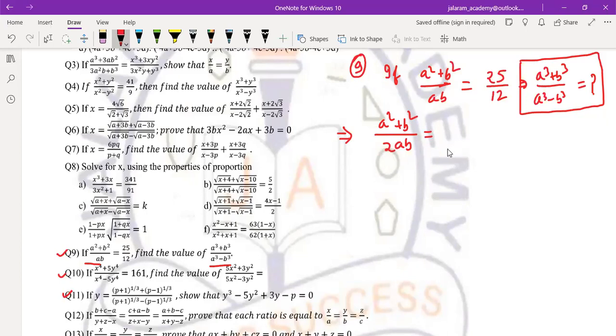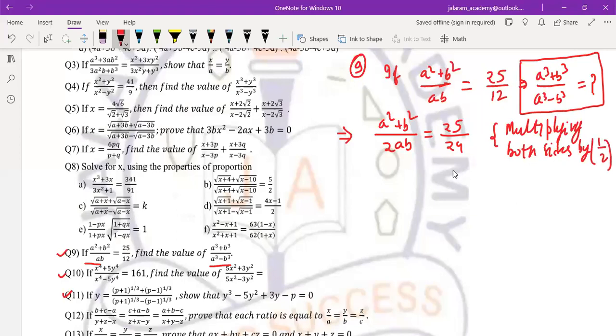So we write the reason: multiplying both sides by half, 1 by 2. If 1 by 2 is multiplied to the left hand side, 2 goes to the denominator, which makes ab into 2ab, and in the right hand side 12 becomes 24.